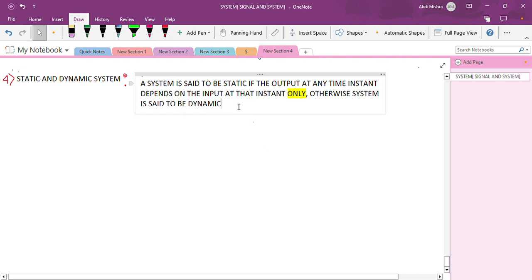Next point is static systems are memory-less systems. Memory-less means what?